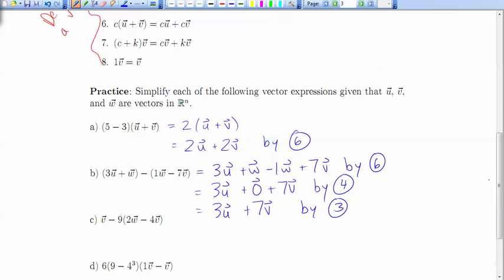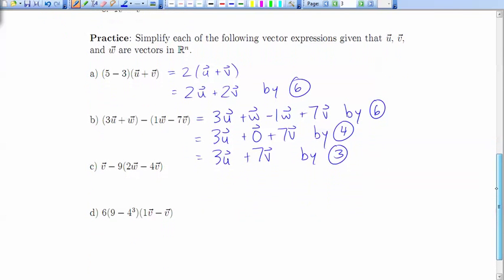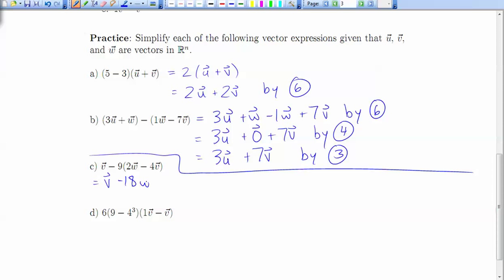Okay, and we can try some other examples here. Let's give ourselves more defined space here. Again, I can distribute this negative 9. Okay, and then I can reorder this however I want. That's based on rule number 1.